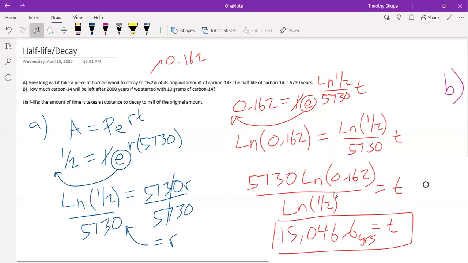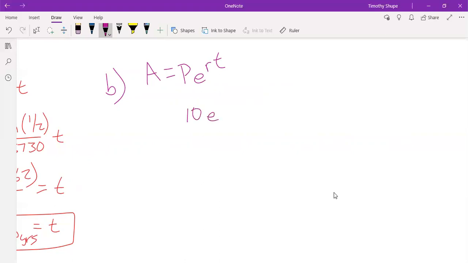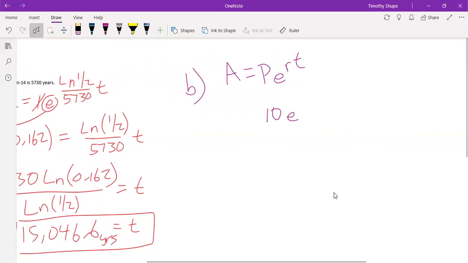So I'm going to use the same equation to help us out. This A equals PE to the RT. And within that equation now, we know the initial amount of grams is 10 grams.